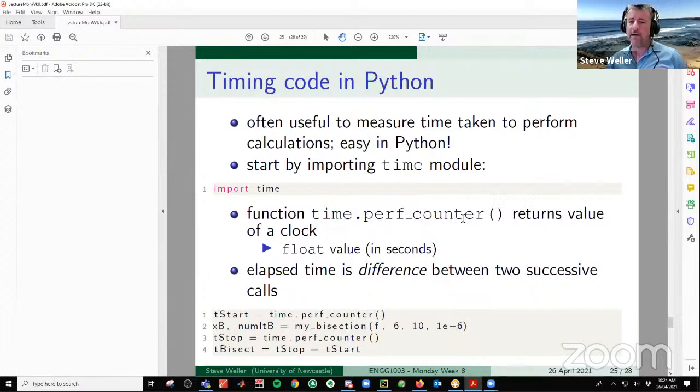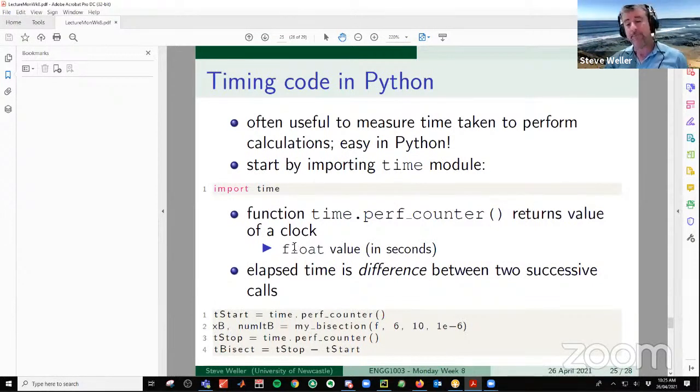It's short for performance counter. Because it's available inside the time module, it's accessed by writing time dot and then the function name. It doesn't need any arguments, so we just call it with empty parentheses.